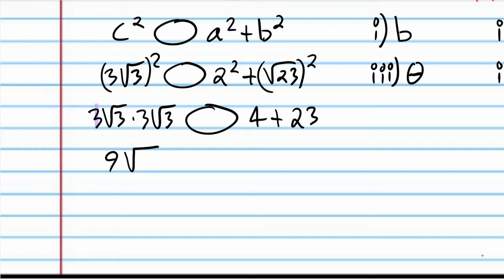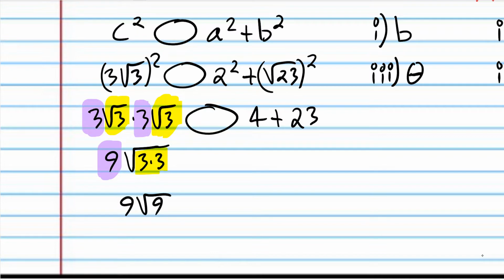And I should probably color these so you know what's happening here. Root 3 times root 3 is just root 3 times 3. So I'm showing you where these numbers are coming from. So then we get 9 times root 9.